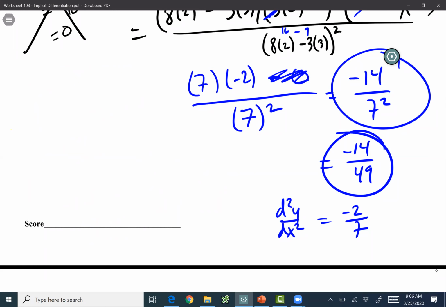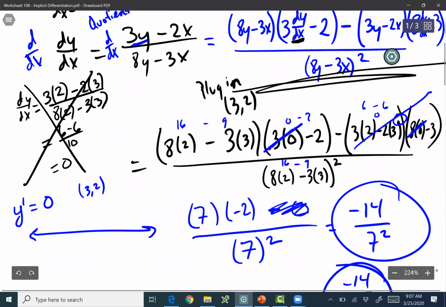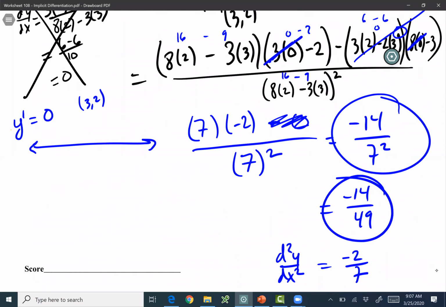Right, the other way to find maximum or minimums is basically to set y prime equal to 0, which we kind of did. And we got the point 3, 2. Right, and then this is where it basically is a little kind of weird because we're plugging in x values, right? So we're plugging in 3. We need to plug in something smaller than 3 to the derivative, right?